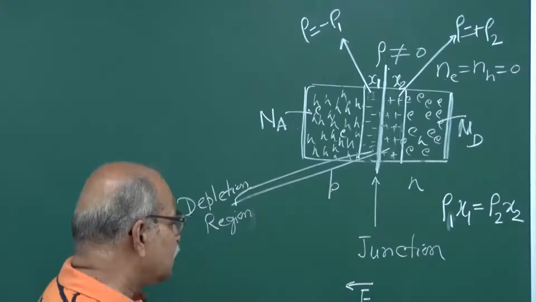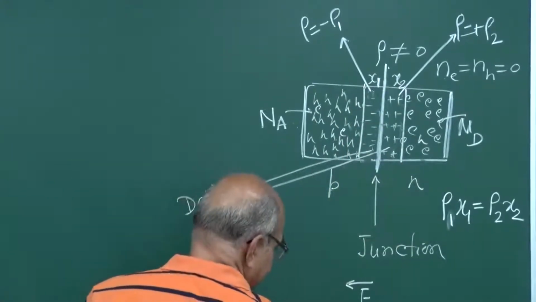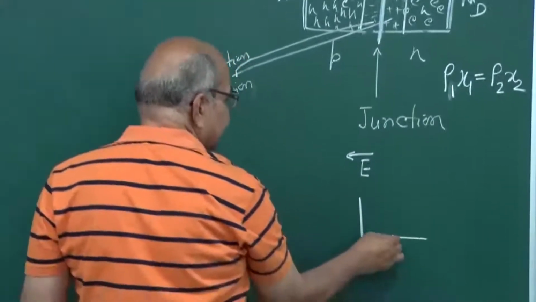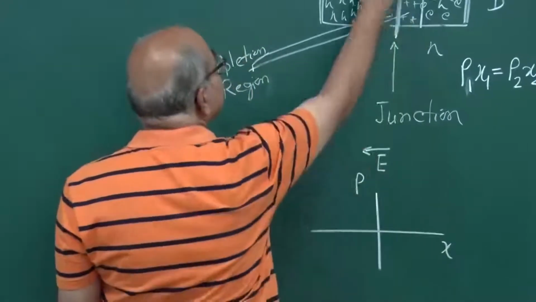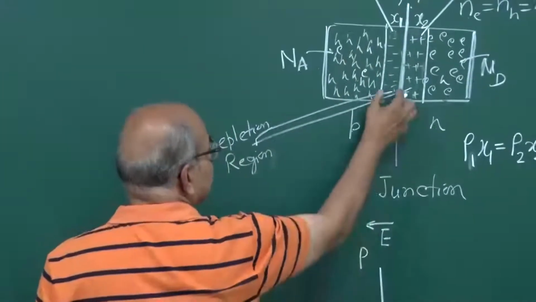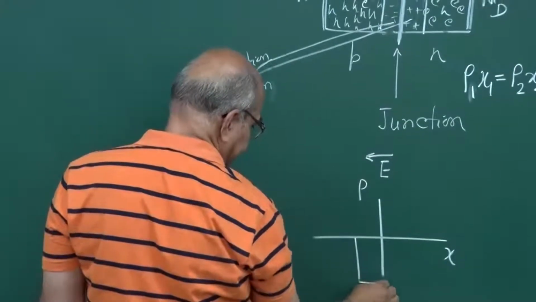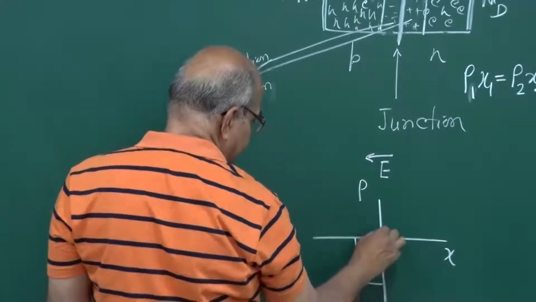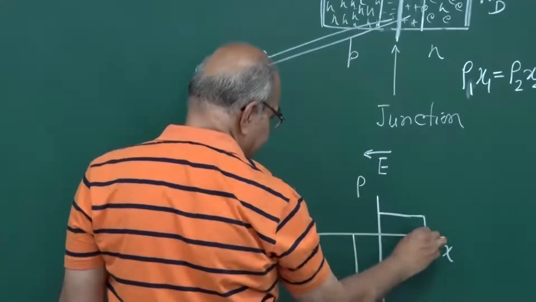This assumption of uniform charge density is not very bad in fact. If I plot rho here and x here, in this case you have negative charge, and in a smaller width I am showing it like this, and this side is positive charge, and I am showing a larger width, so it's like this.